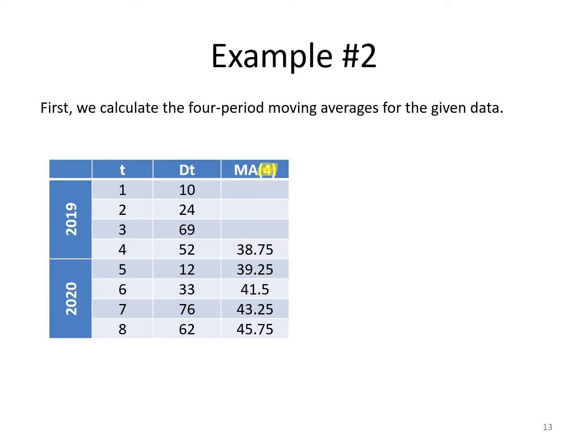So, as we have seen in the previous lecture, the calculation of the moving average value in this period depends on calculating the average value of the demand for the previous 4 quarters. And of course, we do the same for the other quarters. So this gives us the moving average based on 4 periods.